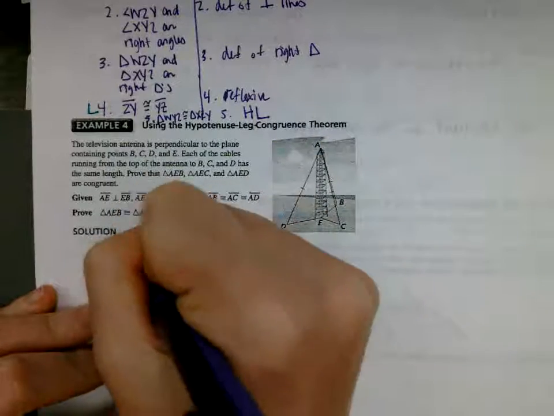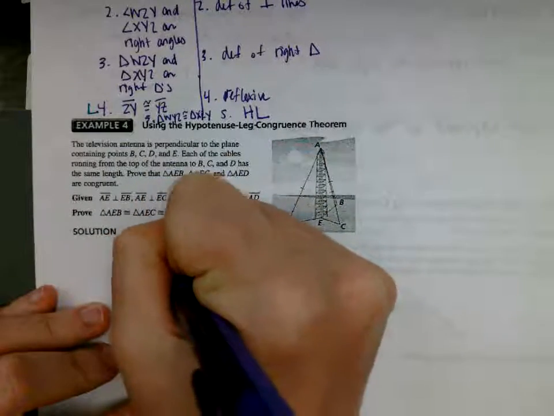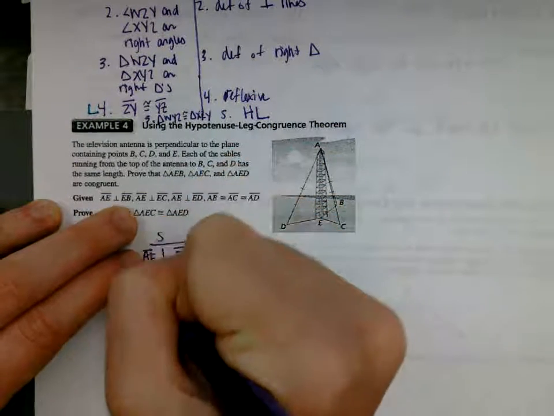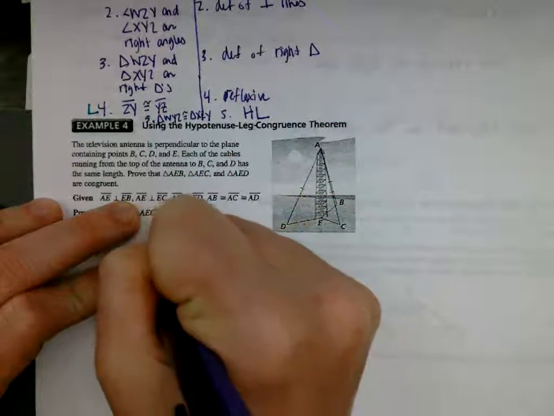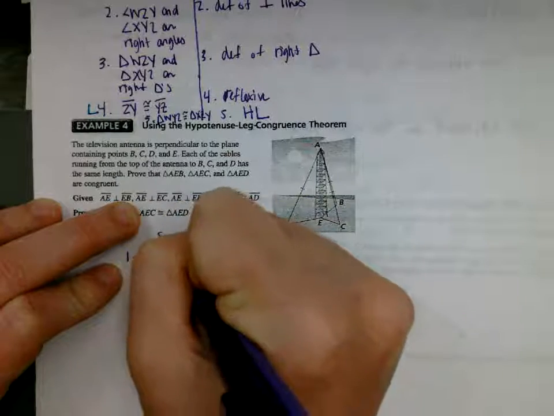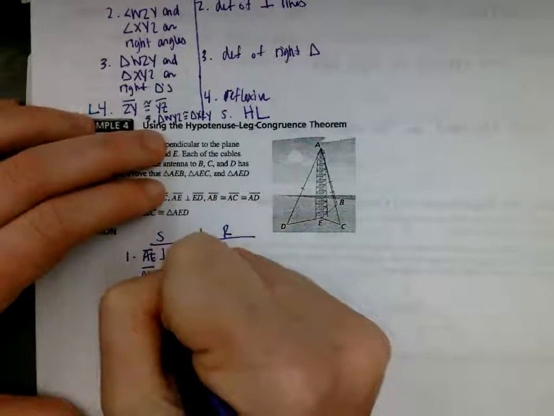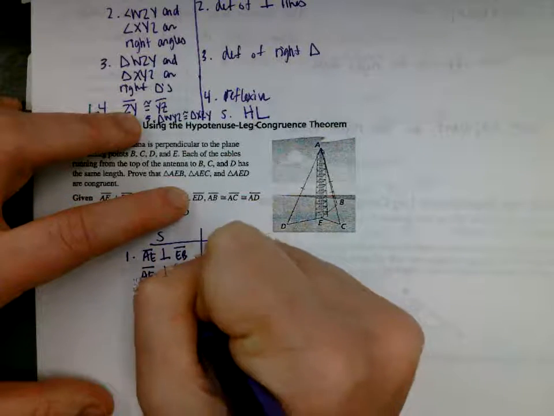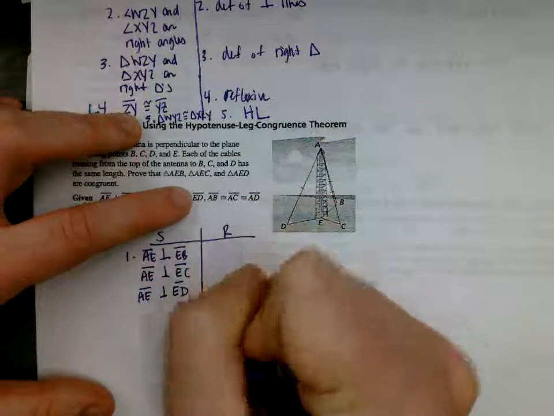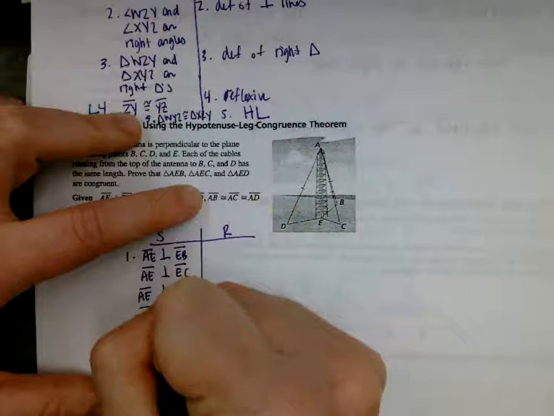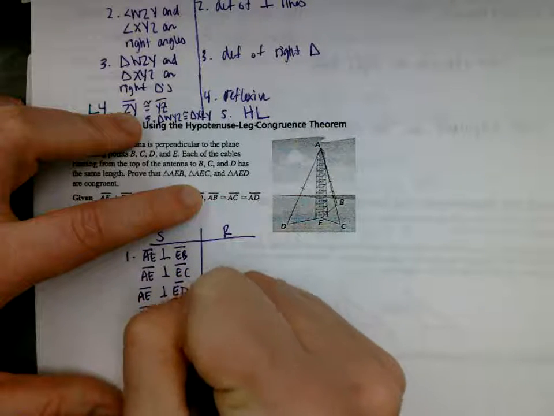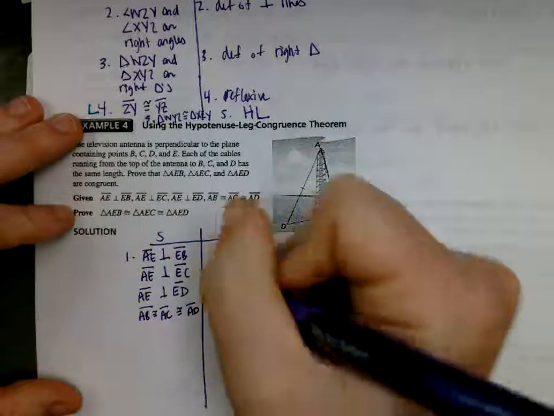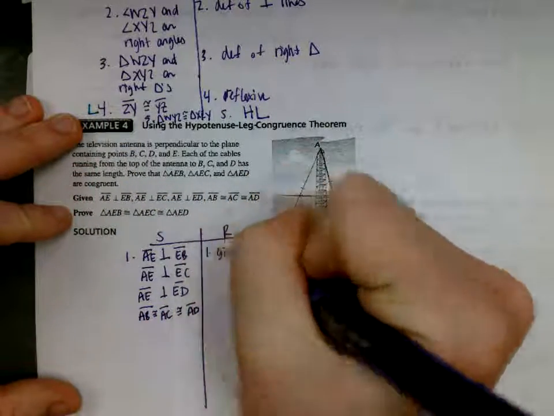We are given that segment AE is perpendicular to segment EB, segment AE is perpendicular to segment EC, and AE is also perpendicular to ED. Then we have that AB is congruent to AC, is congruent to AD. All of that is given.